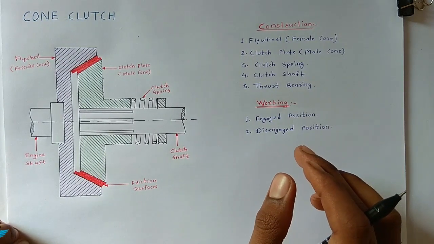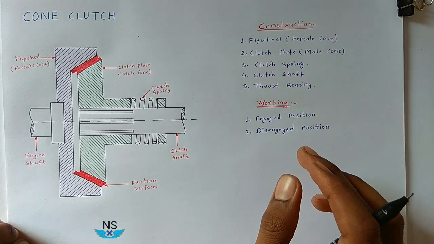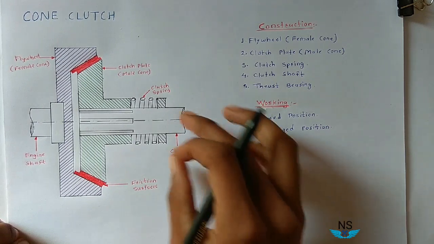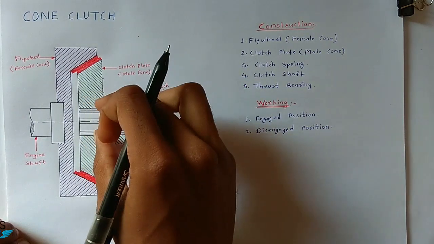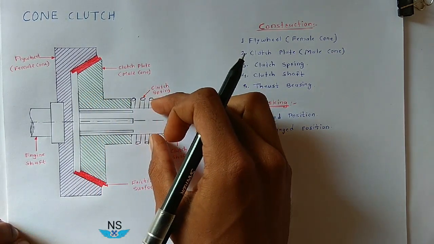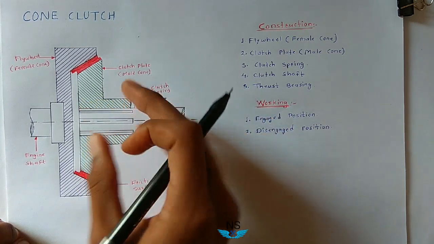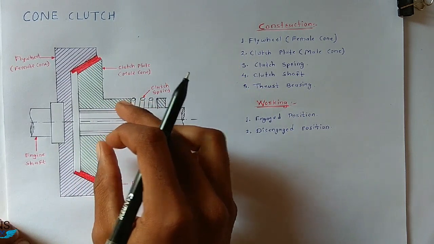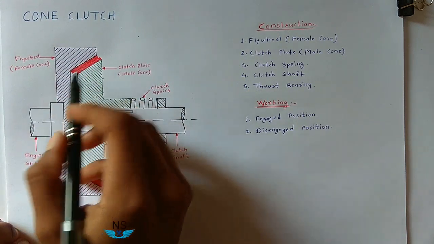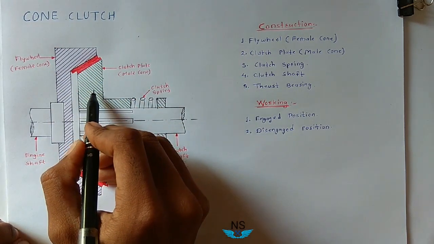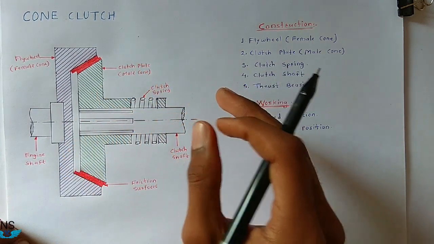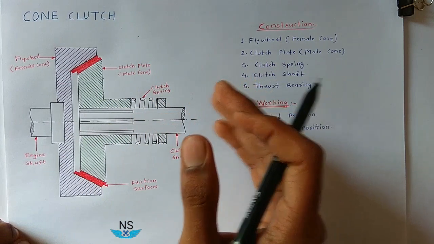When driver presses the pedal, the release lever pulls the clutch plate away from the flywheel against the spring force. Due to this, clutch is disengaged and power is not transmitted from flywheel to this clutch plate and from engine to gearbox transmission system.